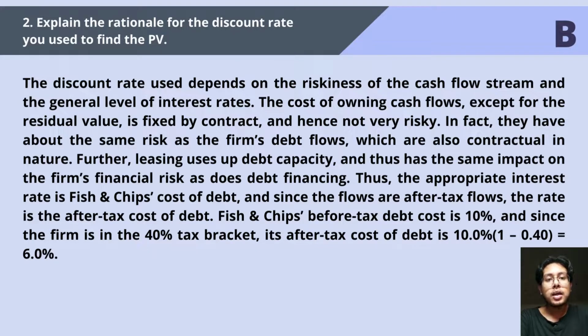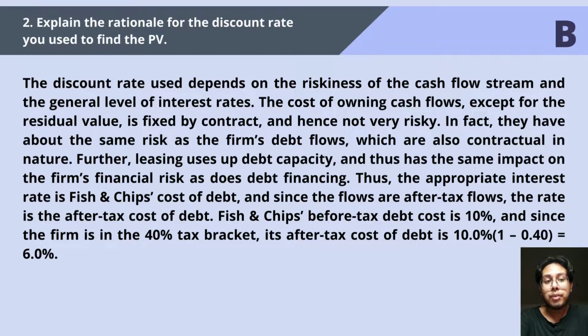In fact, they have about the same risk as the firm's debt flows, which are also contractual in nature. Further, leasing uses up debt capacity and thus has the same impact on the firm's financial risk as does debt financing. Thus, the appropriate interest rate is Fish and Chips' cost of debt. And since the flows are after-tax flows, the rate is the after-tax cost of debt.